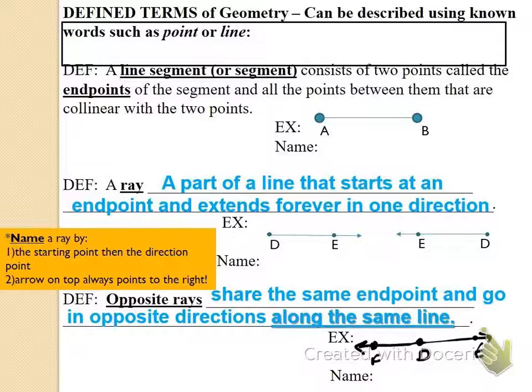Which means that if you draw opposite rays, it looks a whole lot like just a straight line, right? If we were to name these, then again, we start with the endpoint and the directional point, so ray DE, and then ray DF, the arrow always going to the right.